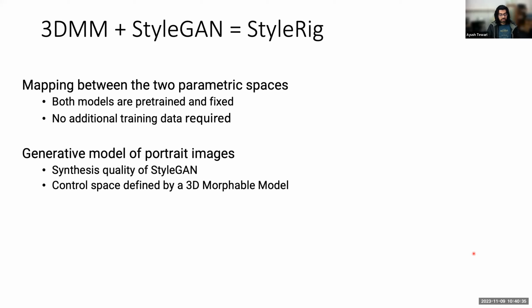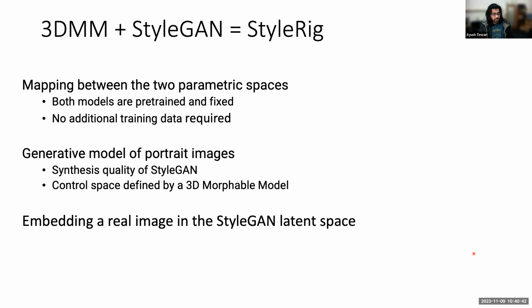All we are doing is trying to figure out how to go from the latent space of one model to the latent space of the other model. And once we do that, we can embed a real image in the StyleGAN latent space, you can solve some optimization problem for that, and try to control it using the parameters of the 3D morphable model.